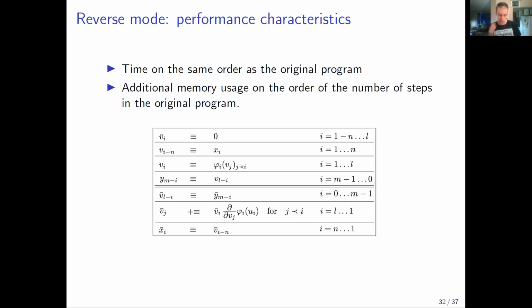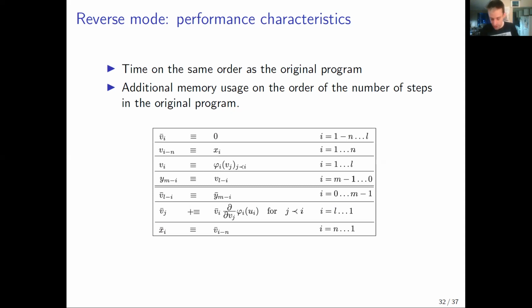But there is a strong contrast with forward mode in terms of memory usage. Note that when we're doing this backward pass in the transformed program, we may need to access variables that were allocated in the original evaluation procedure, that is, in this first phase. And as a consequence of this, we can't just immediately deallocate intermediate variables in the original program when we no longer need them later in the original program, because we may need them in this backward pass.